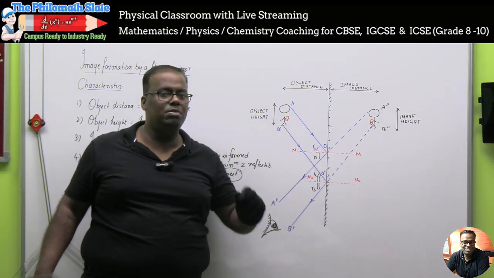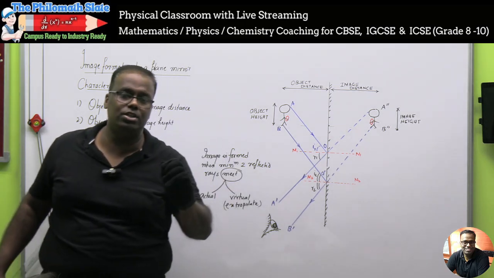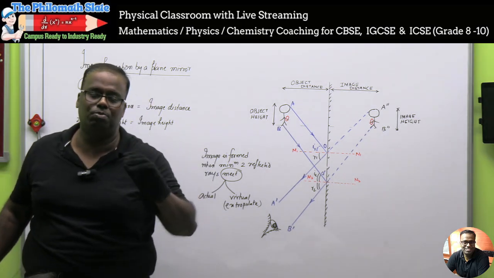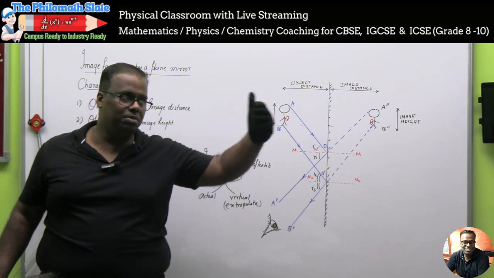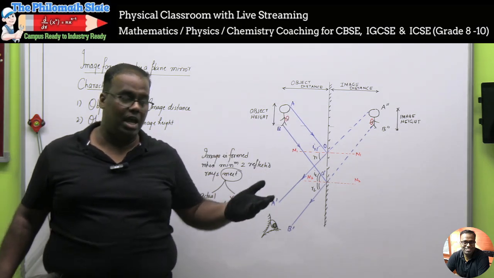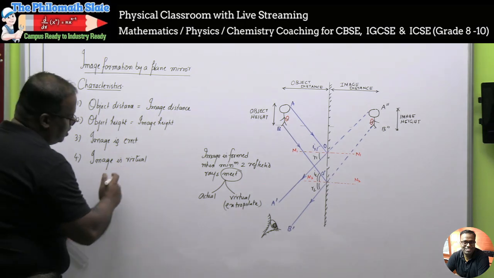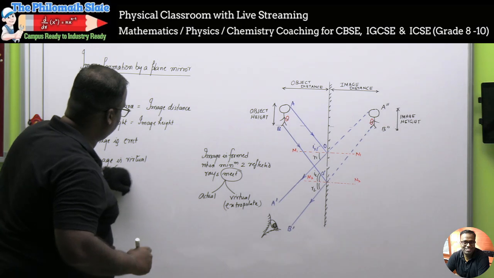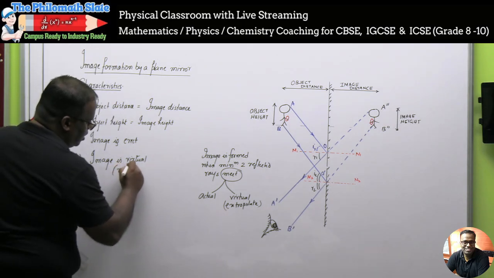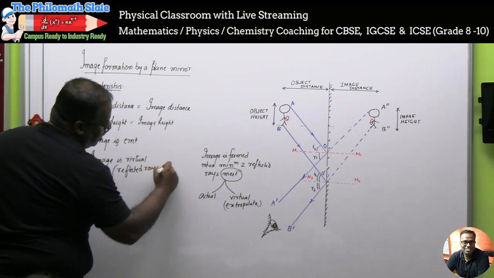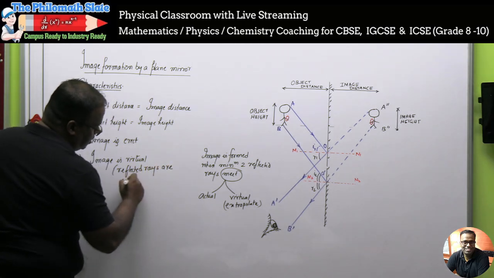A virtual image is formed when two rays do not meet in reality, they meet only by extrapolation. All the mirror images that you see are virtual images, plane mirror में। And तो हम लोग कहते हैं image is virtual, इसका मतलब है rays, which rays? Reflected rays. Reflected rays are extrapolated.